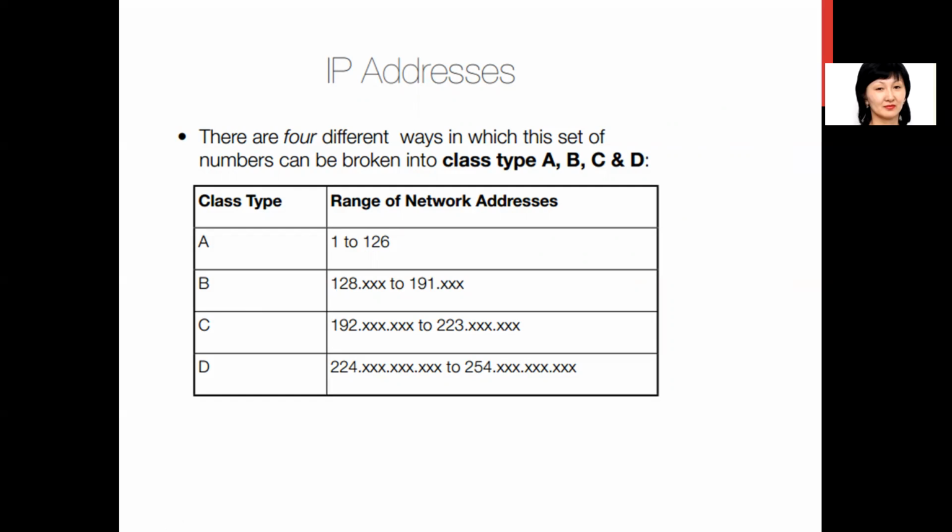Next one, class type C, is between 192 and 223. And the next class is D, between 224 and 254.